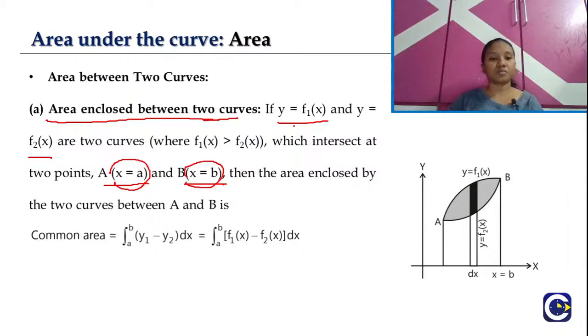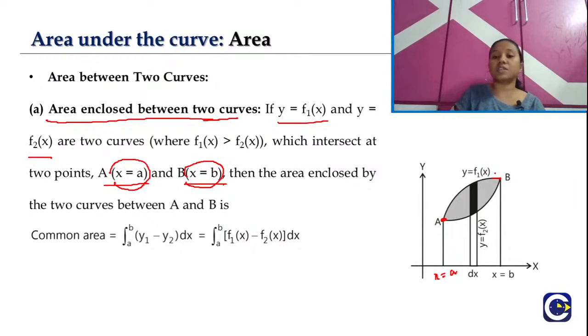Yes or no? Right. So here you can see the graph. Suppose this is my first curve which is f1(x) and this is my second curve which is f2(x), and this is my point A, where the x coordinate is equal to a, and this is my point B, where the x coordinate is equal to b.